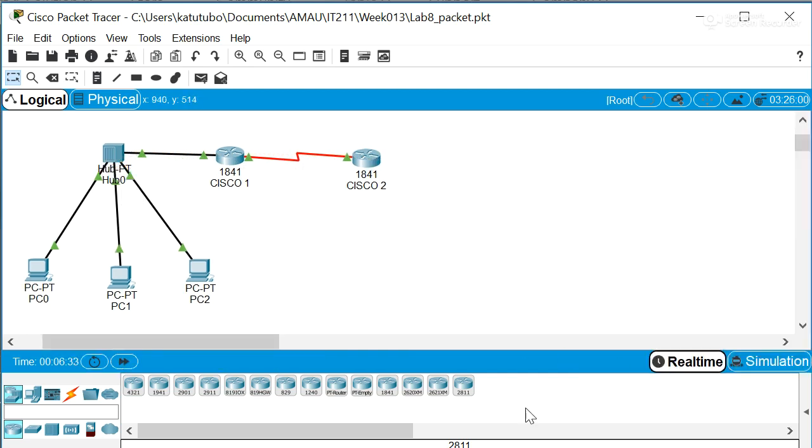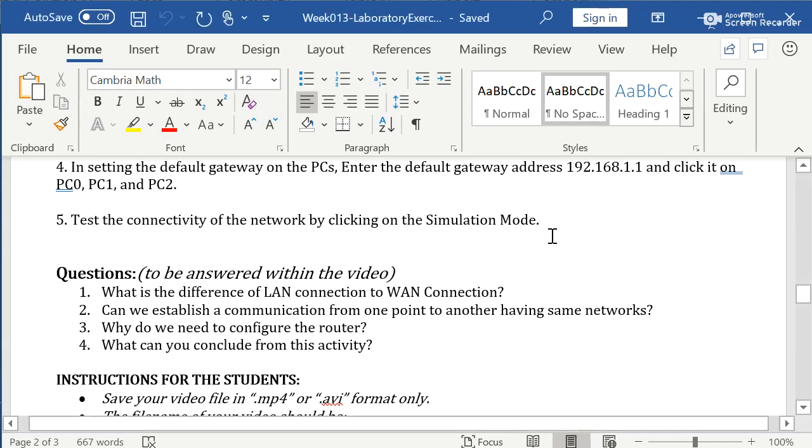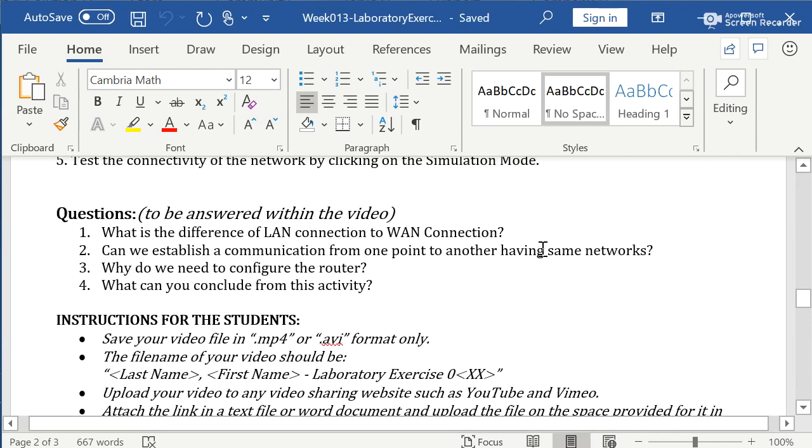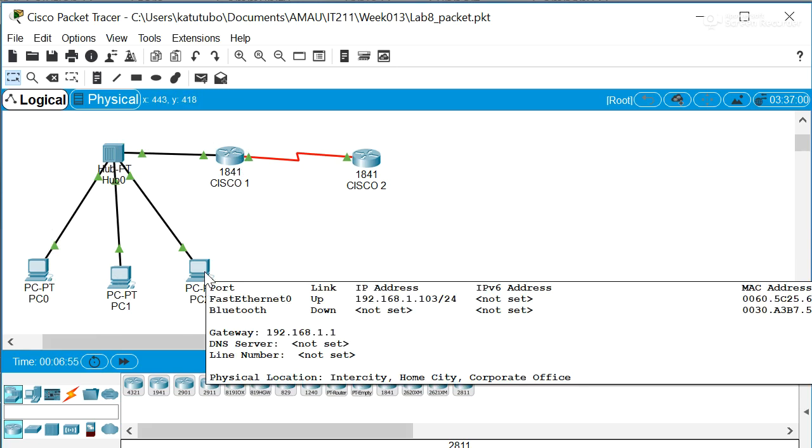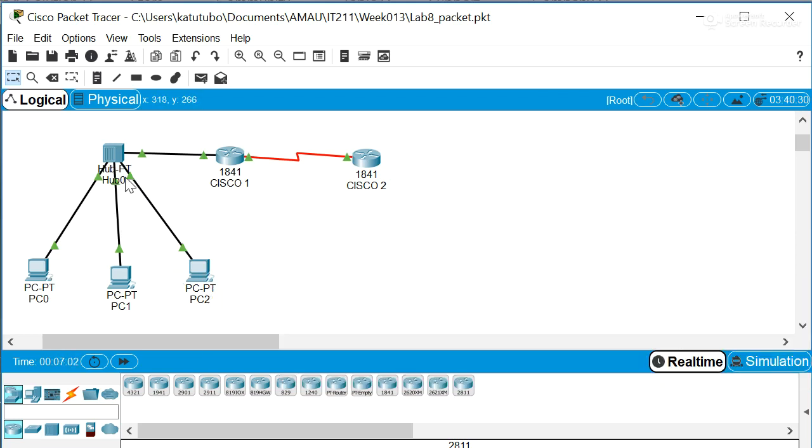Alright, now the questions to be answered. Question number 1, what is the difference between a LAN connection and a WAN connection? The difference is that a LAN consists of endpoint end devices such as PCs, and also a network device like a hub.